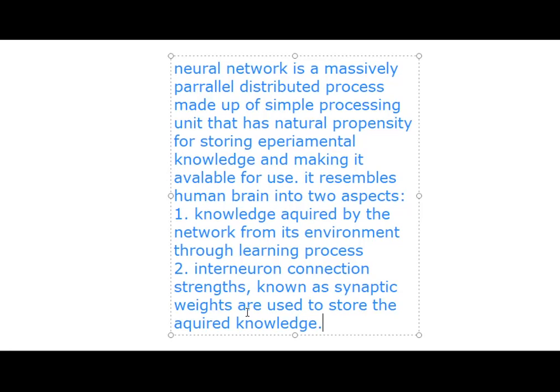So in machine learning and deep learning, the first step is learning, that is, the modification of the synaptic weights. This modification provides a traditional method for designing neural networks, and such an approach is closest to linear adaptive filter theory.